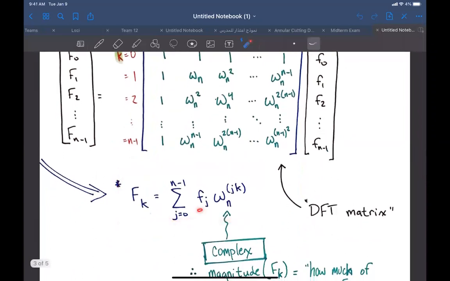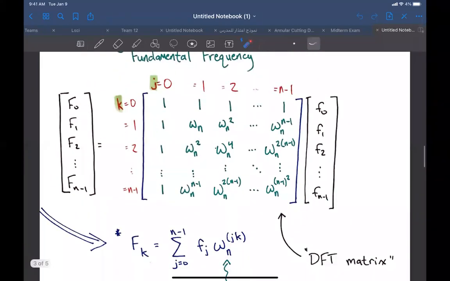Okay, so we have fj times omega n raised to the jk. Those are the only components of the exponent that were left. All right, so by stepping through j equals 0, 1, 2, all the way to n-1, and k the same, we were able to determine this matrix.